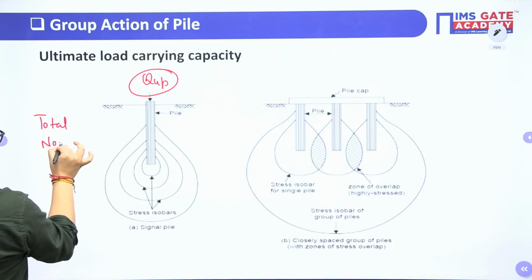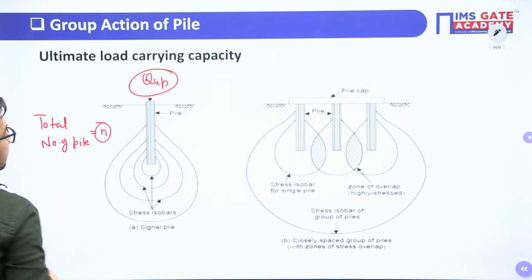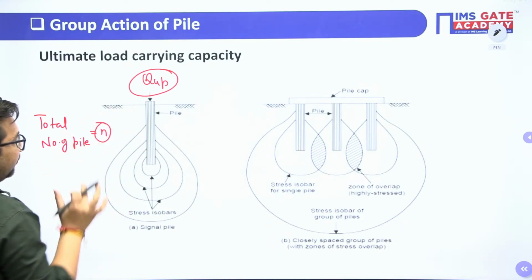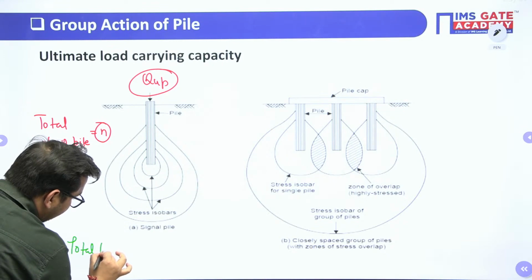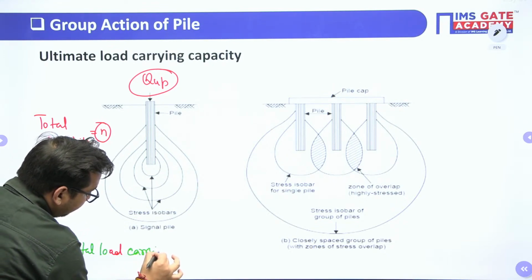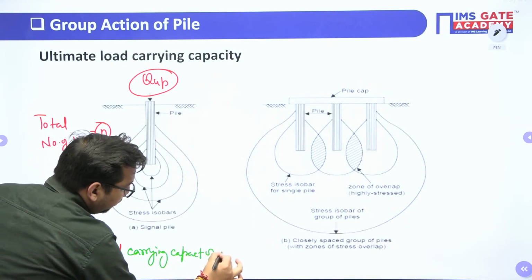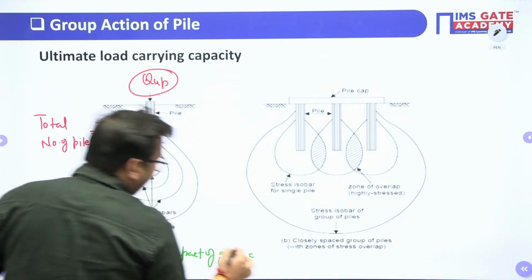Total number of piles equal to n. So when you are taking each pile as an individual pile, the total load carrying capacity of the group will be n times QUP.